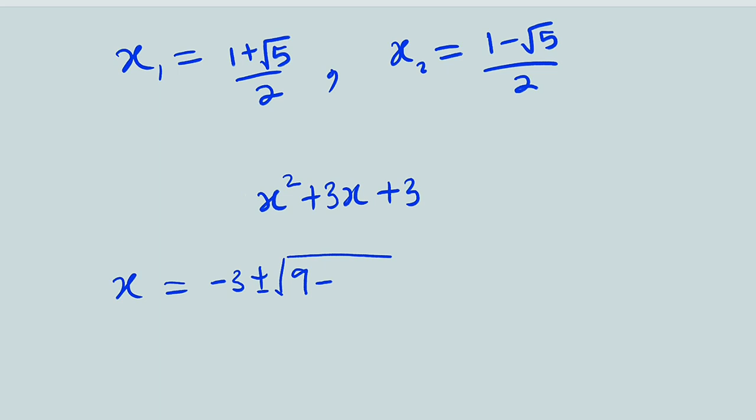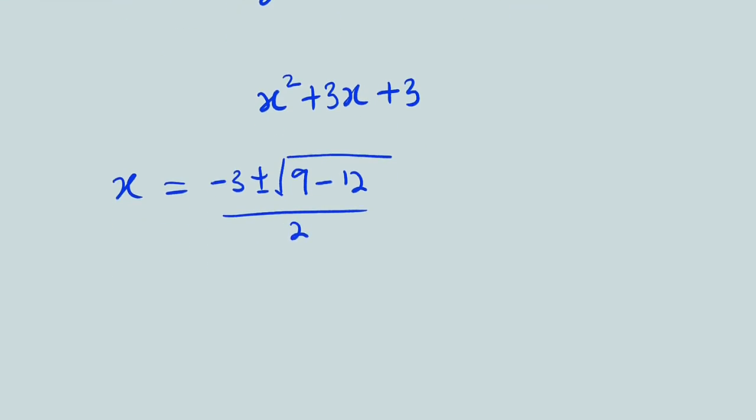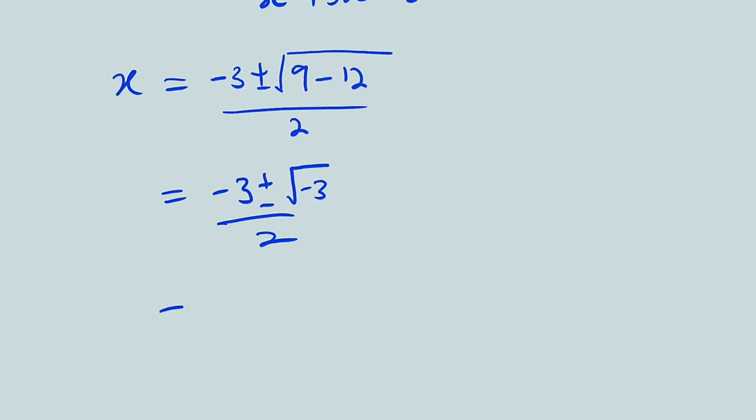So we have 9 minus 12. Divide by 2 times the leading coefficient, which is 2. This is equal to negative 3 plus or minus 9 minus 12 is negative 3. So we have negative 3 here. Divide by 2. And finally, you can see this is equal to minus 3 plus or minus root of 3i.